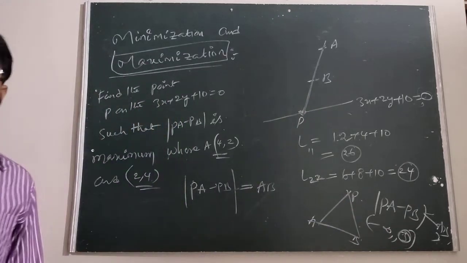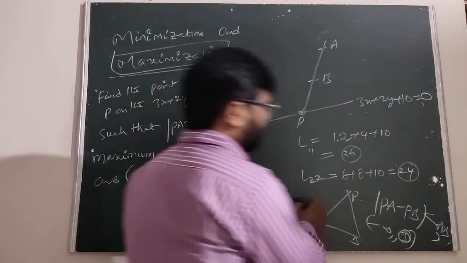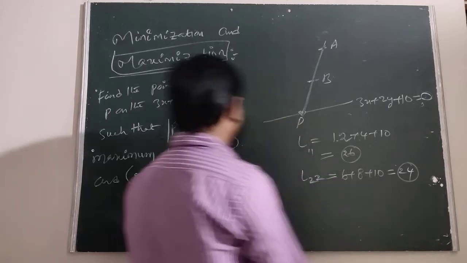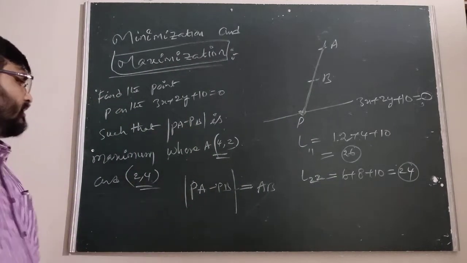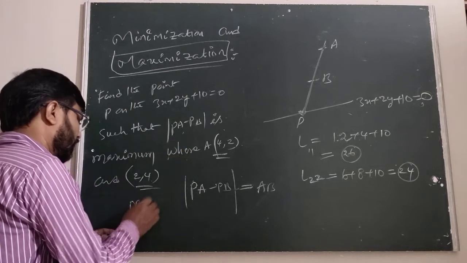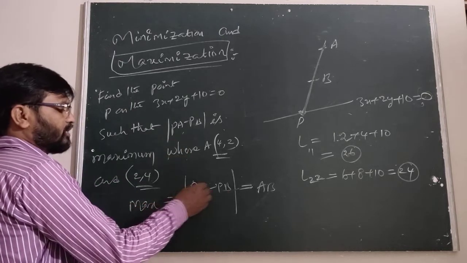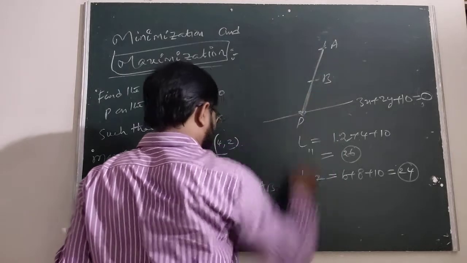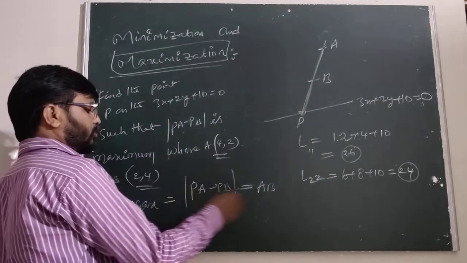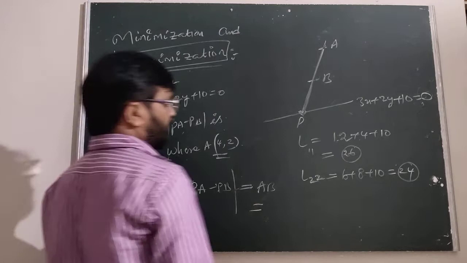That's why for the sum of the two sides we take the minimum, and here for the difference of the two we take the maximum. Here the maximum value of PA minus PB is nothing but the distance between the 2 points.